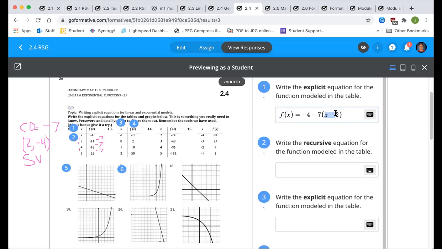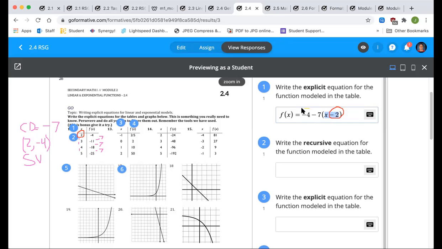And again, this x minus 2 is because our first x value is 2. This minus 2 here is because our start value is at 2. Okay. We might as well keep color coding on there.